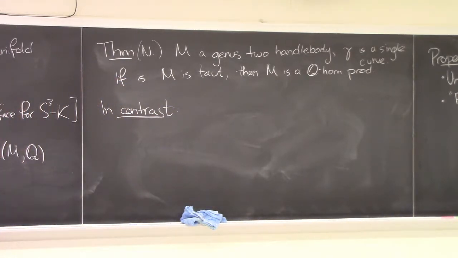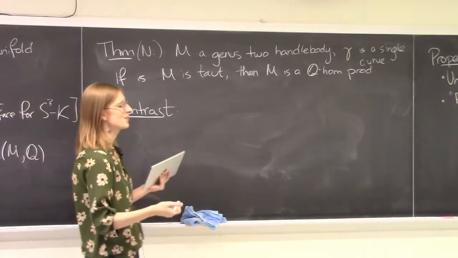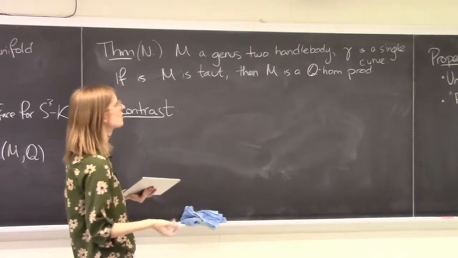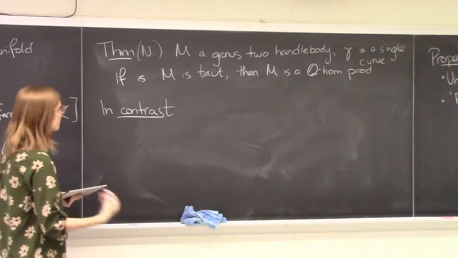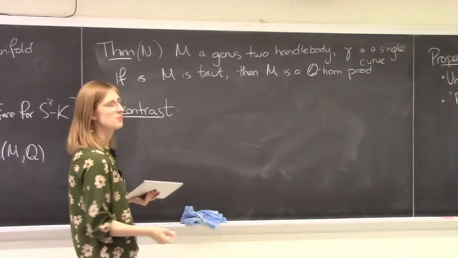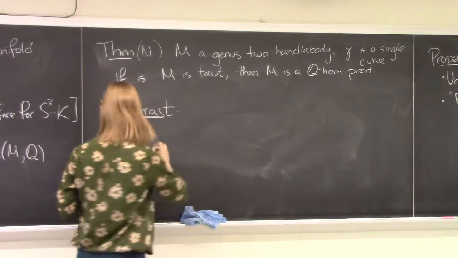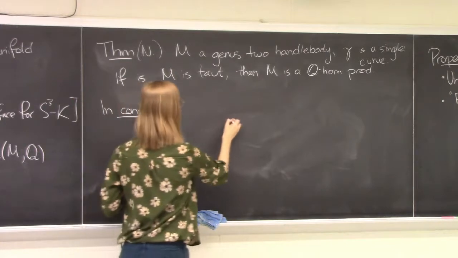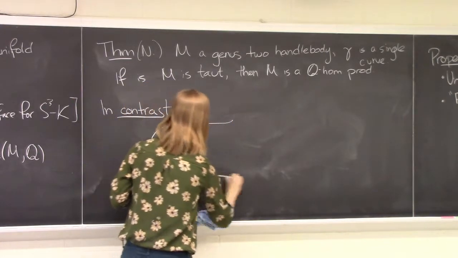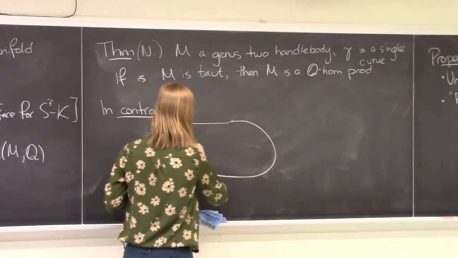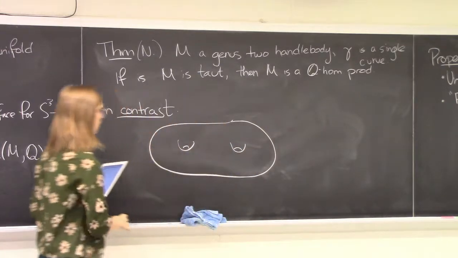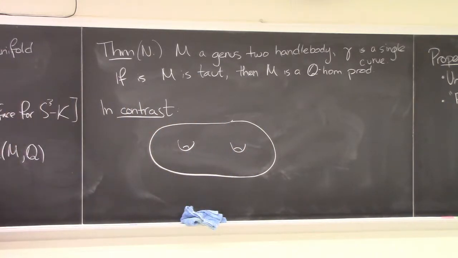And in contrast to this, if we make things even the slightest bit more complicated, our notion of just hoping for things to be rational homology products suddenly fails, suddenly doesn't capture the information we would hope it would. So if we look at now a genus 2 handlebody, but instead of a single suture, we can't have 2 sutures.